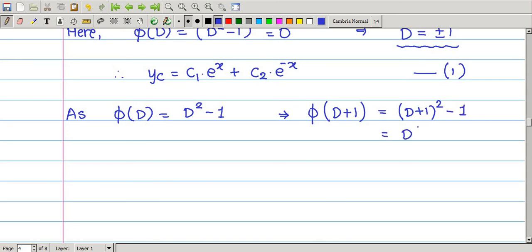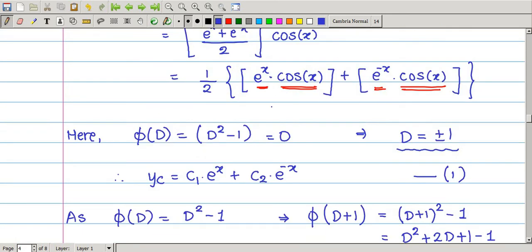So this value is nothing but d square plus 2 times d plus 1 minus 1, which is nothing but d square plus 2d only. So this is for the first function, e raised to x into cos x. Since here the value of a is equal to 1, we replace d by d plus 1.